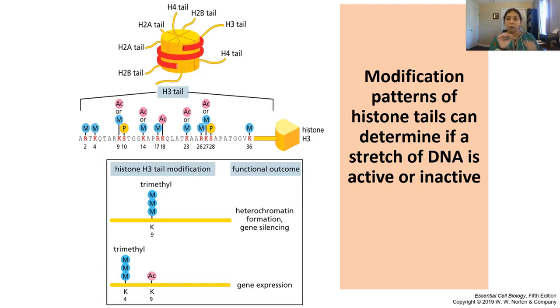So very, very small changes can control which area is going to be open and closed for activation or transcription. A lot of the time, as you can notice here, it's the lysines that are getting methylated specifically, or arginines that are getting methylated specifically in that space.